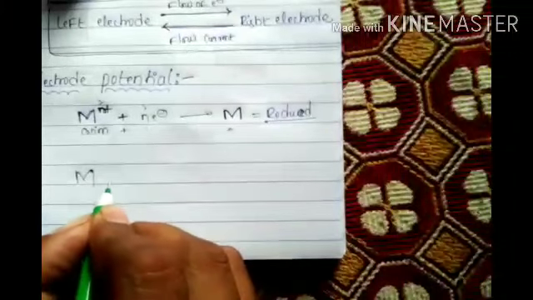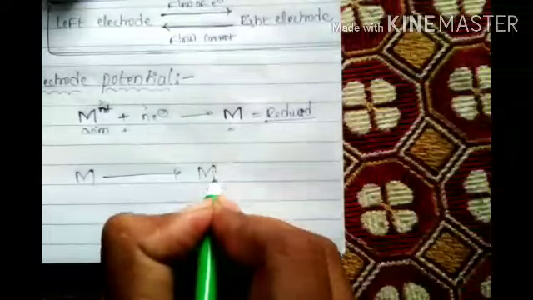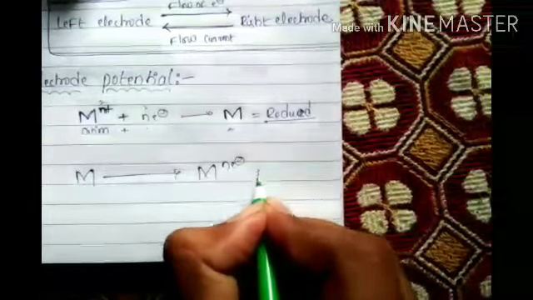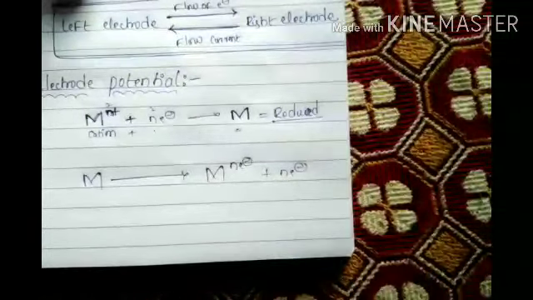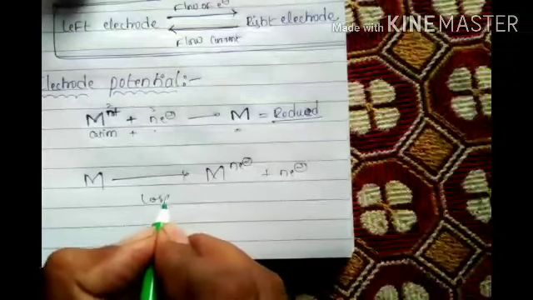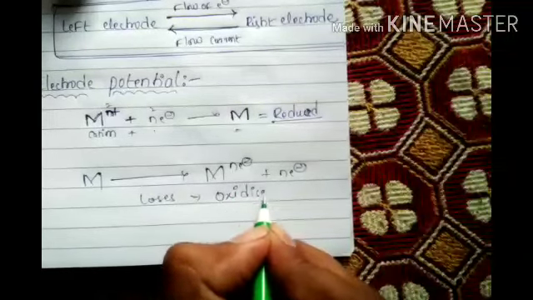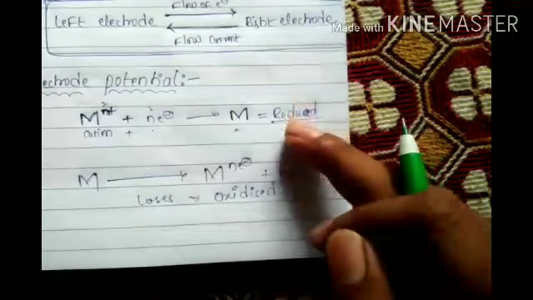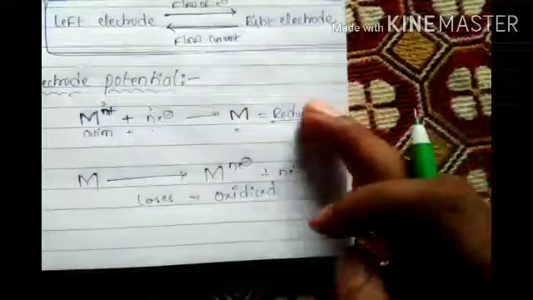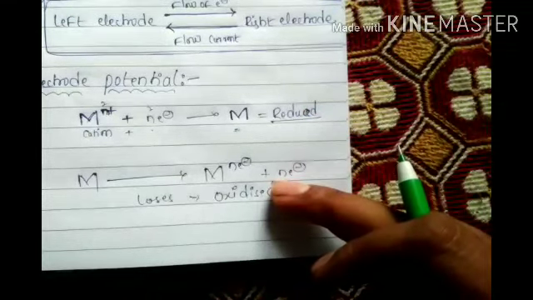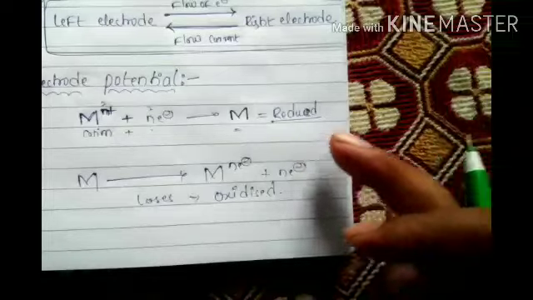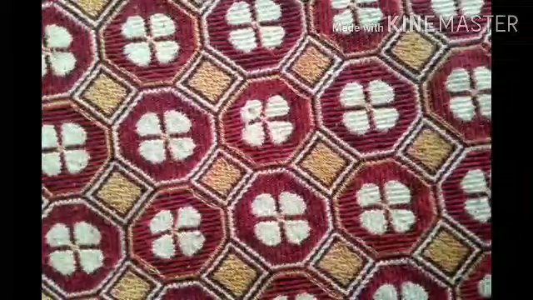A metal is losing n electrons. Losing means oxidized. Here reduced, here oxidized. Here gaining electrons, here losing electrons. We have to show this with electrode potential. Okay, now take diagram 1. Take a beaker.